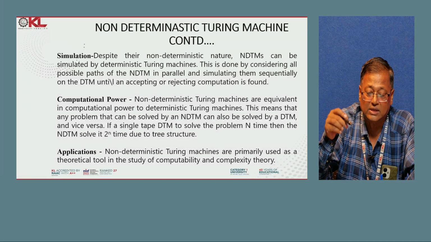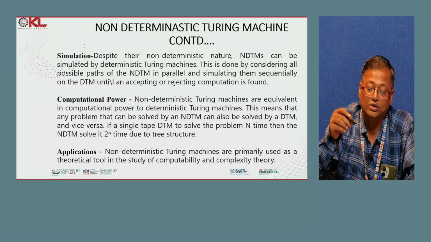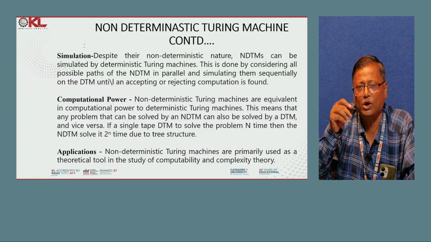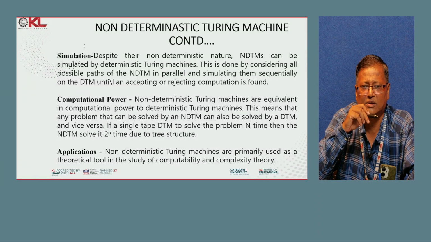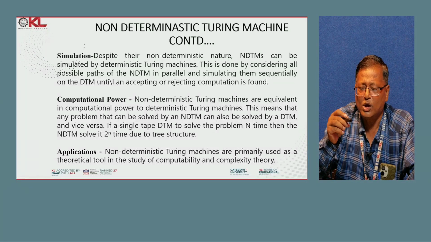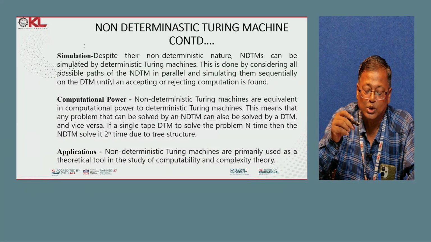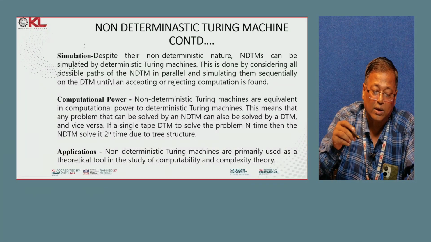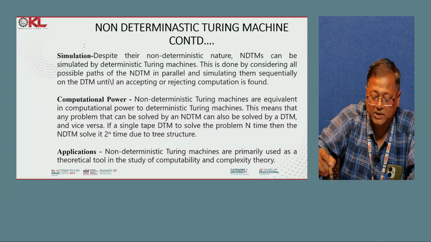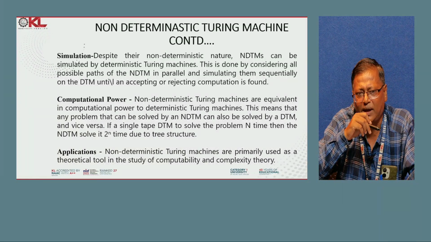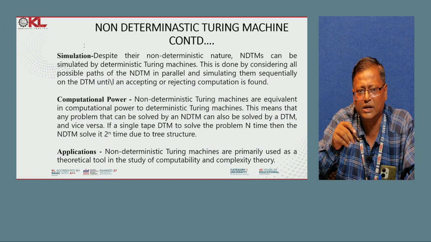Simulation: with multiple transitions, one of the paths will be accepted. Whatever language the basic Turing machine or DTM accepts, the non-deterministic Turing machine also accepts, because one of the paths will be chosen and accepted by the NDTM.